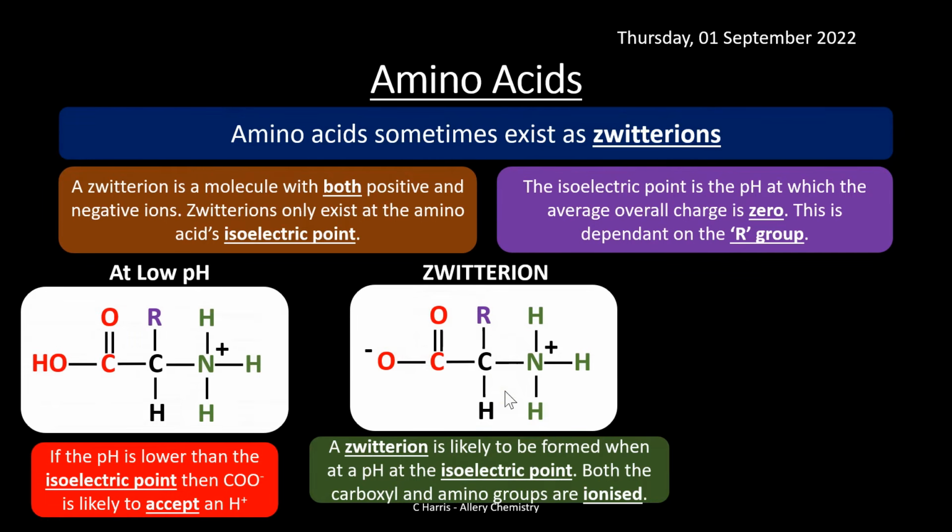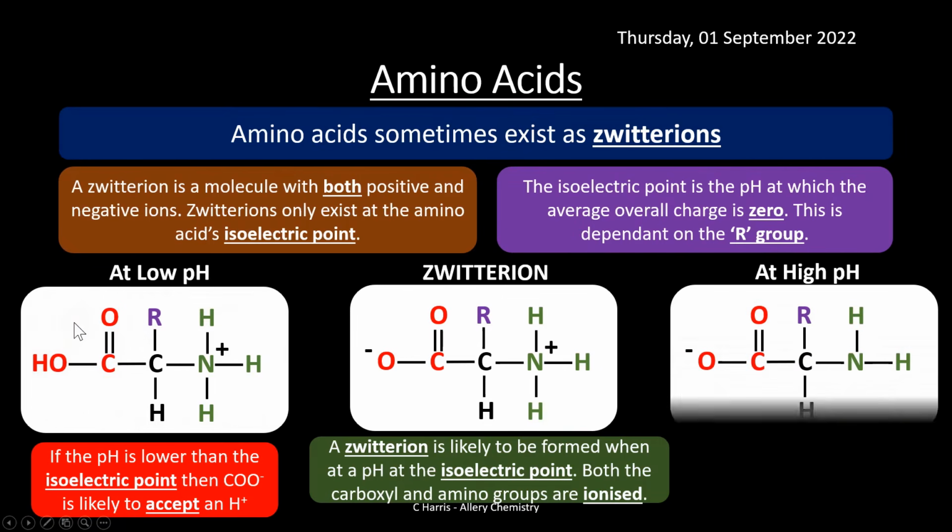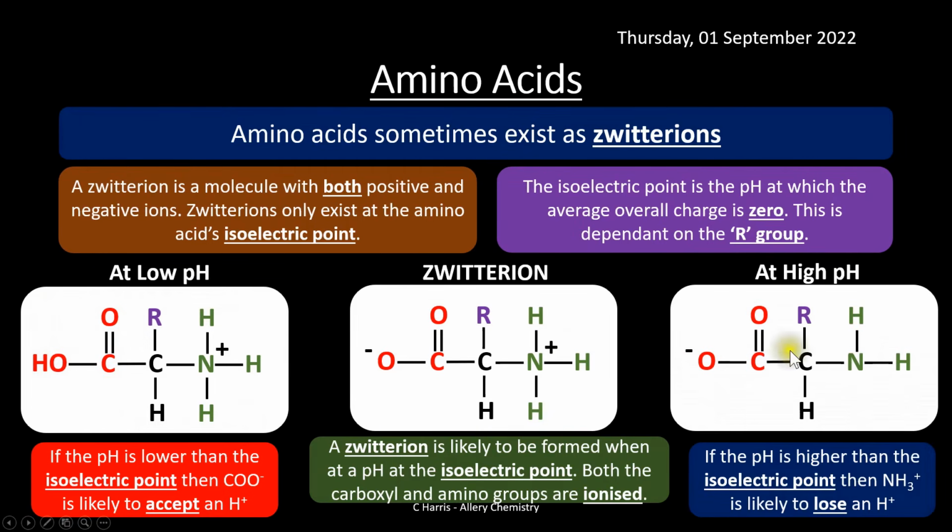So at low pHs, if the pH is lower than the isoelectric point, then the C double bond O minus is likely to accept a proton. The proton will add on to the negative, and you'll form this. So this is the amino acid that you would see at a low pH. And at a high pH, which is alkaline, you're likely to see this.